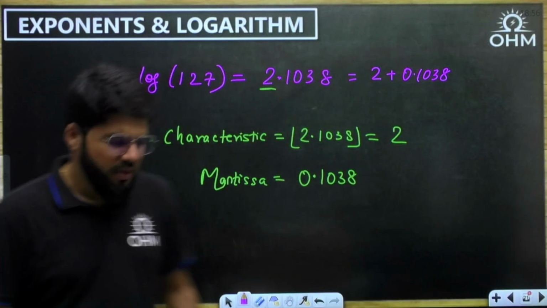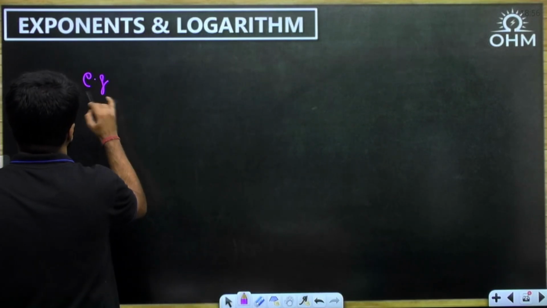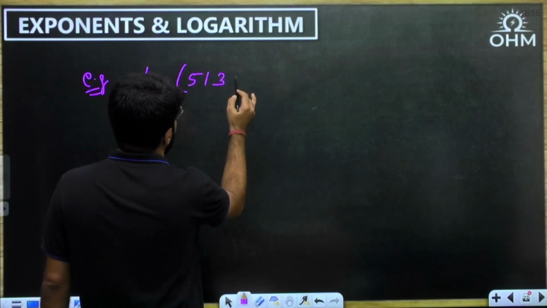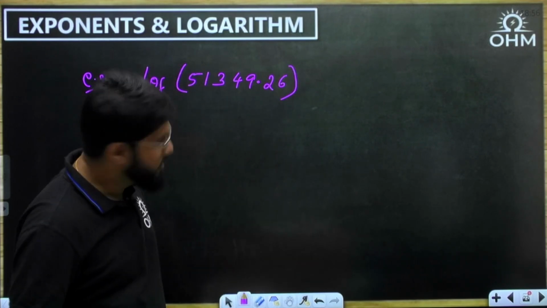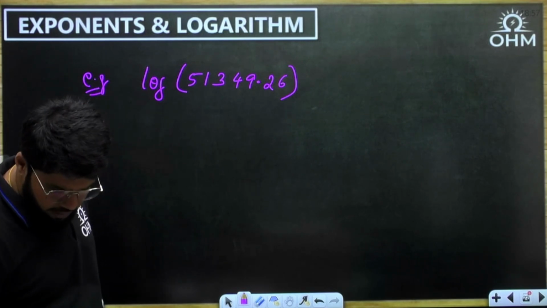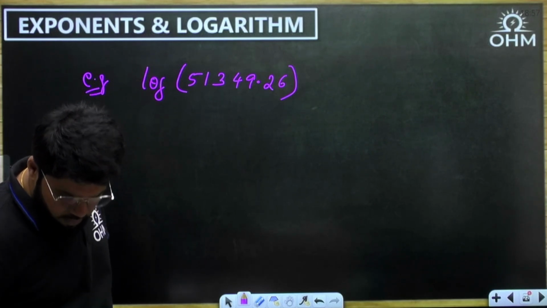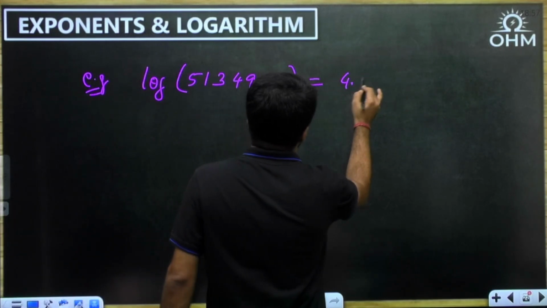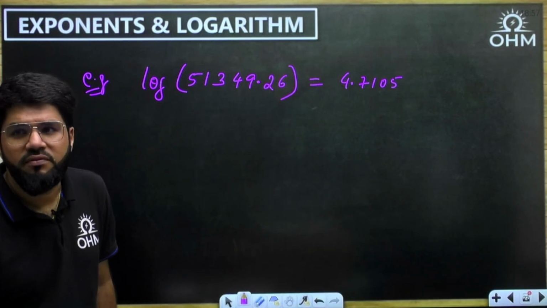Now one more example and then some important conclusions. Let us find log 51,349.26, base 10 only. To calculate the log I am using the calculator: 51349.26. The log is approximately 4.7105.